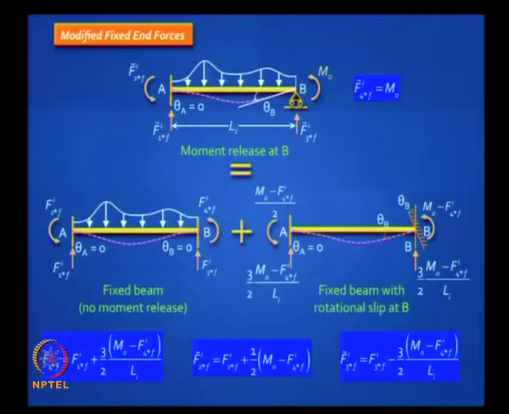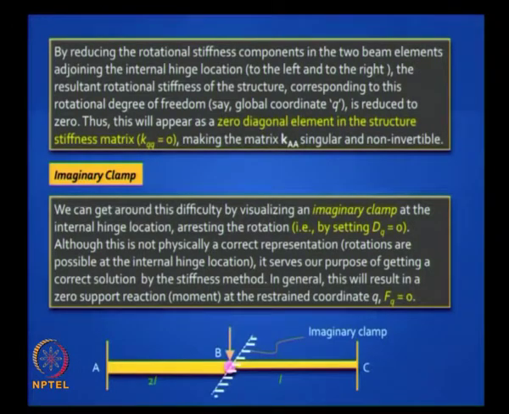We also know that we need to modify the fixed end forces where you have a moment release. Essentially the fixed beam will become like a propped cantilever, and you need to modify the fixed end moments. Then finally, we need to deal with the fact that we will end up with a zero stiffness corresponding to the degree of freedom where we have the moment release, because we are going to shift that global coordinate from the active category to the restrained category.